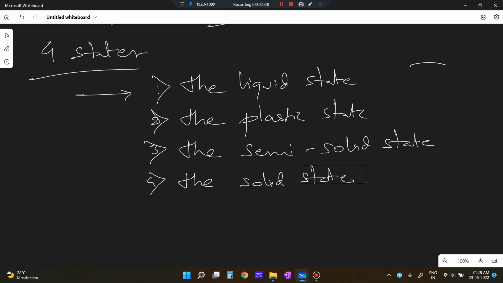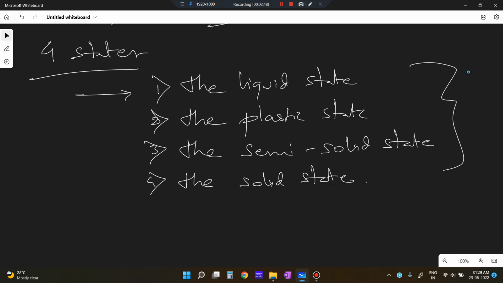These are the four states that are used to describe the consistency of a clay soil sample. If we alter the water content of a clay soil sample, then the state of the clay soil sample will change from one state to another.